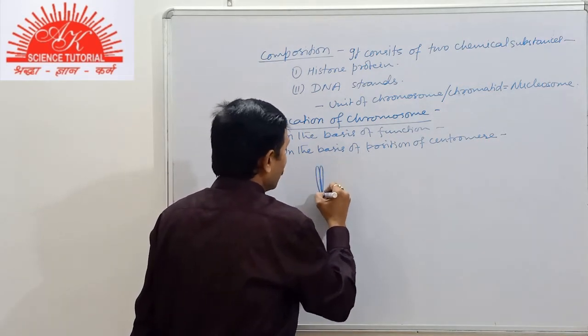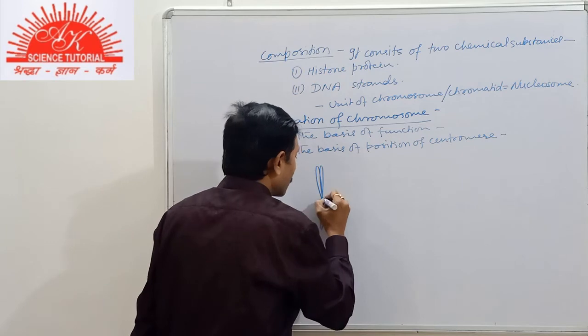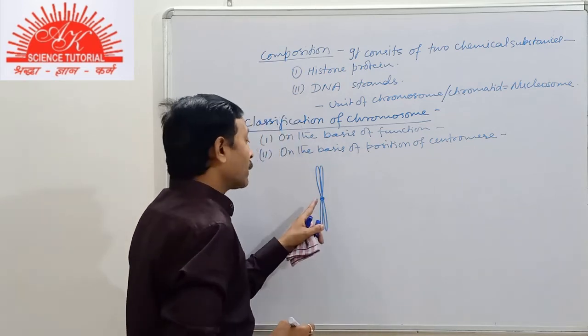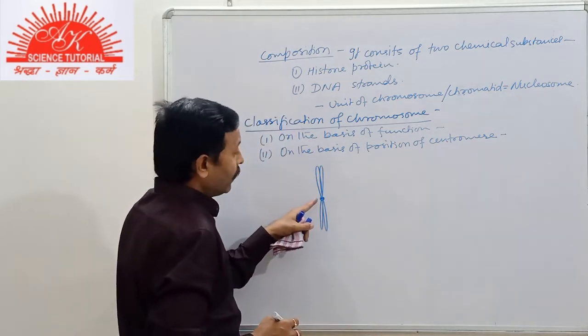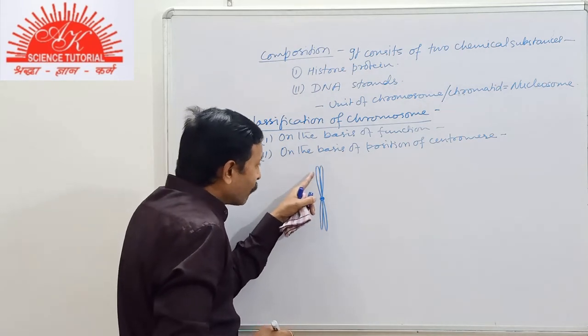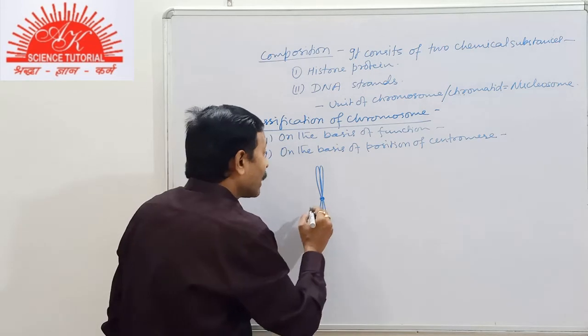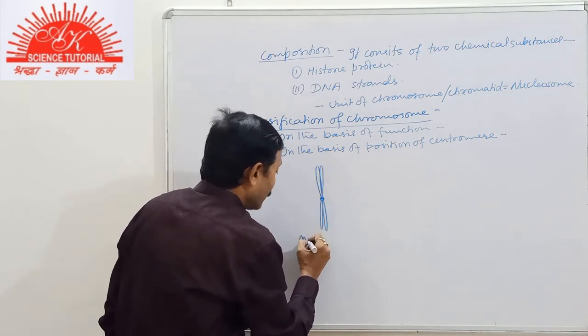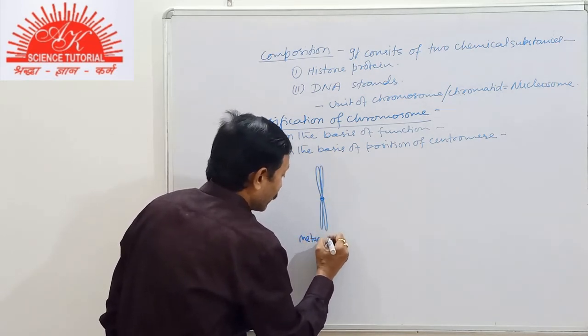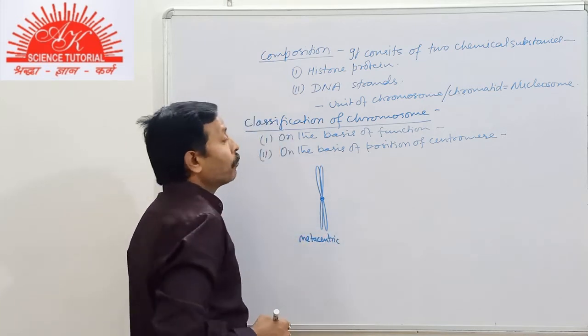Like you see, suppose you take this one. If the centromere is exactly in the middle, such that the two parts, called arms, are of the same size, then it is called metacentric.